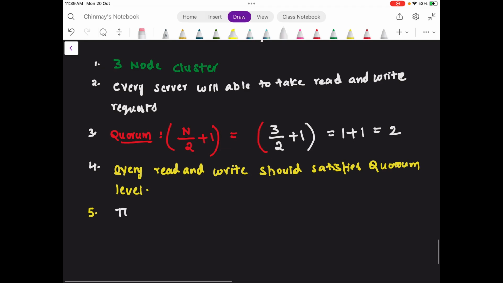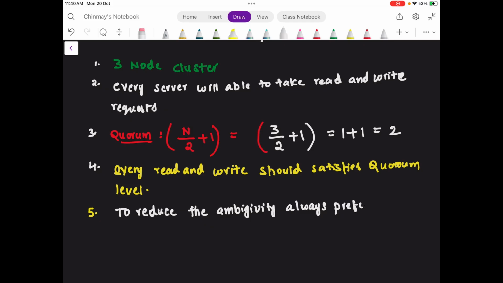So to reduce the ambiguity in the quorum judgment, always prefer an odd number of nodes. With an odd number of nodes it is very easy.